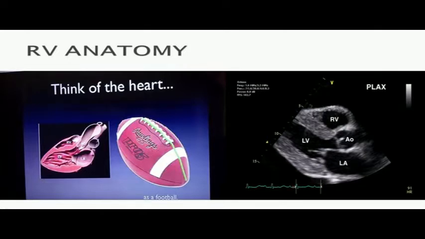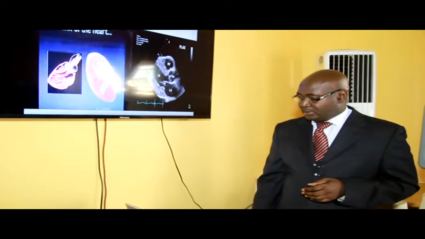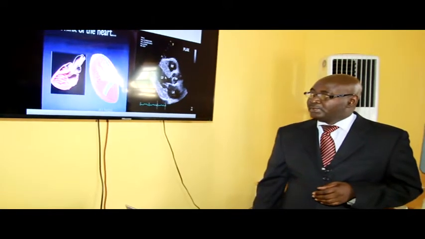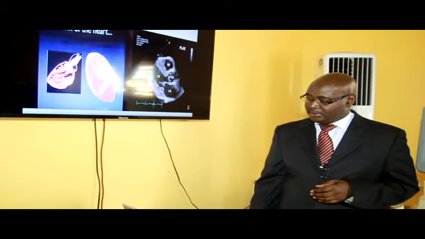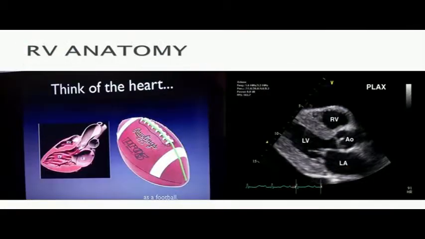On the left side, there's an ultrasound image, which is showing a parasternal long axis view of the heart, and also depicting that the right ventricle is lying on top of the left ventricle. It also shows the size of the right ventricular wall, which is thinner than the left ventricular muscle.